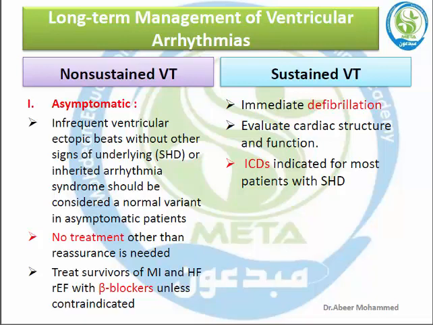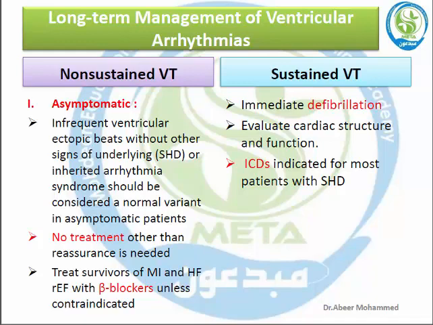If it is asymptomatic, that means infrequent ventricular ectopic beats, beats that come from somewhere other than the SA node, without any signs of sudden cardiac death or any signs of arrhythmias. In such a case, we don't need to treat, just reassure the patient.